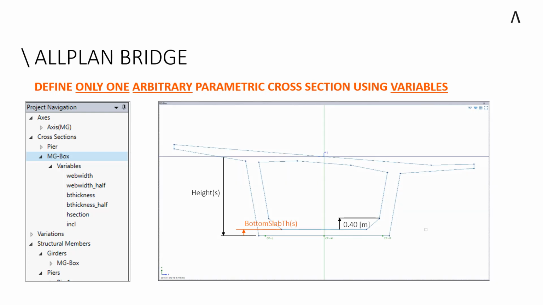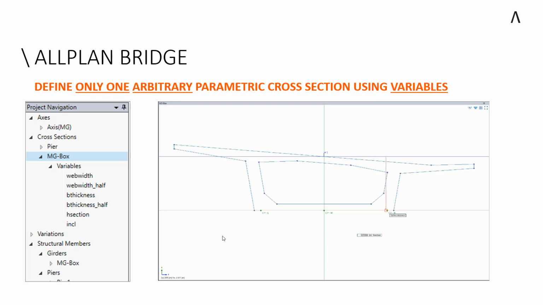To accomplish this, we assign the bottom edge of the cross section to a parametric line at this position and assign a variable to it. The same applies to the inner edge of the bottom slab. And then when we apply the variation, for example, I change the height of the cross section, you will see that the inner edge of the bottom slab goes with it in accordance.